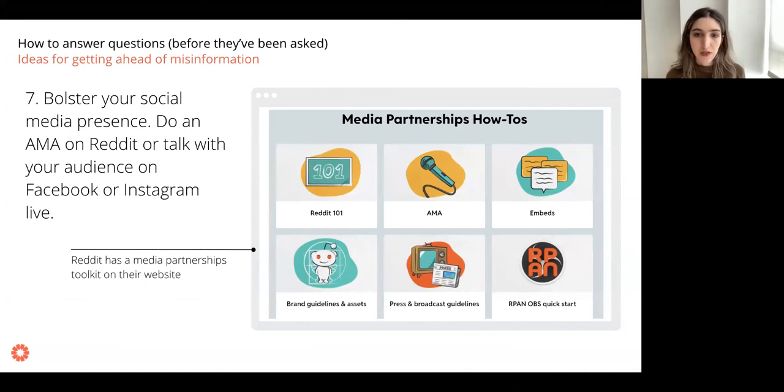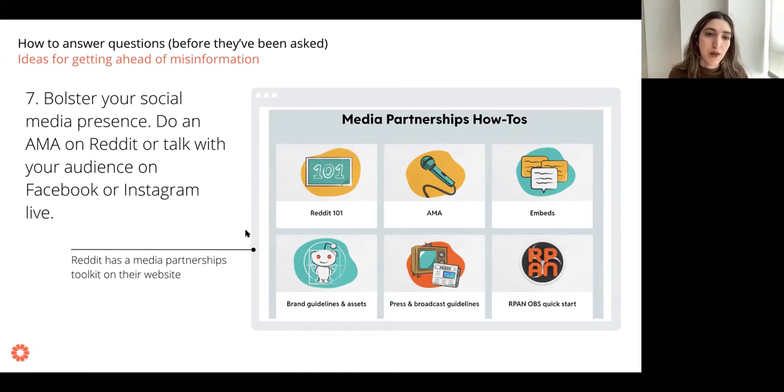And if it's something that's interesting to you, you can set up an AMA, or an Ask Me Anything, to build that engagement with your audience and have a way to directly answer questions that people are asking. And if you're interested in that, Reddit has a whole site on their page where they talk about media partnerships, and they have a whole media partnerships toolkit. So that might be something to do.